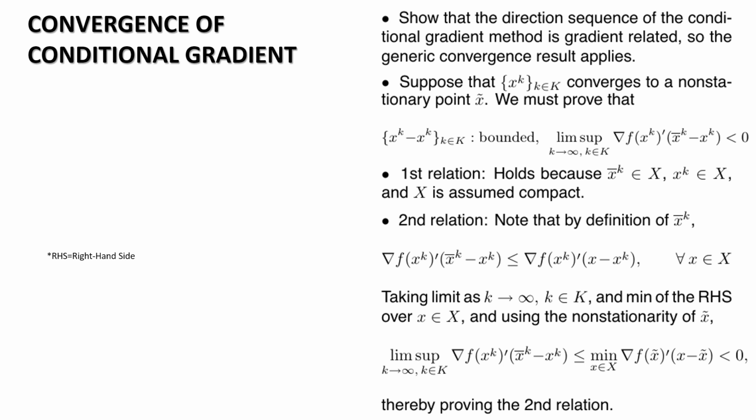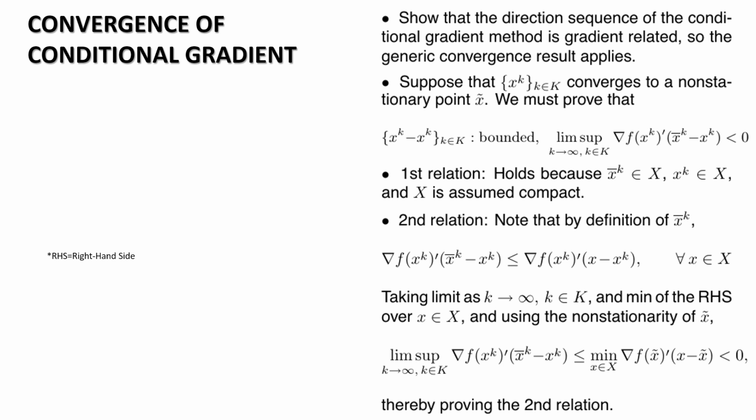Now let's present a convergence proof for the conditional gradient method, the Frank-Wolfe method, by showing that the direction sequence is gradient related, a crucial property required to apply the generic convergence theorem. Here, our goal is to show the direction sequence is gradient related.